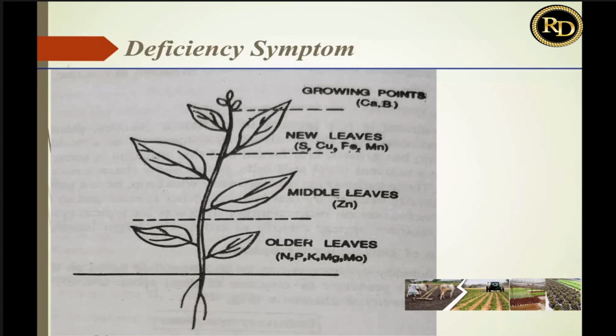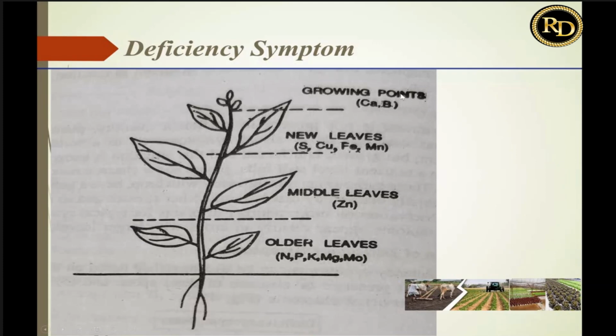So to make your life easier, very simple thing. The moment you are observing your crop, the first thing you need to see is whether the symptom is on the older leaf, a middle leaf, or a new leaf, the apical bud. Okay.